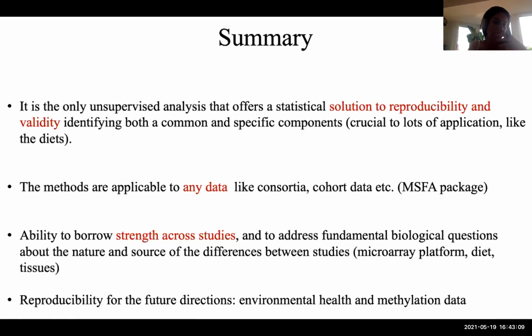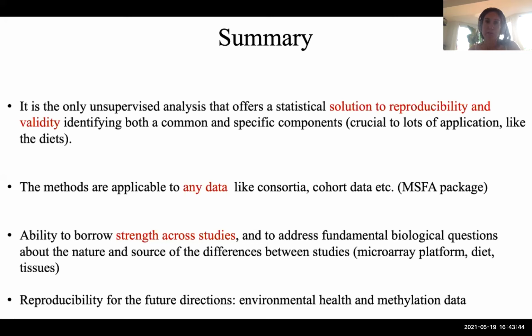This actually allows us to apply this method in many different applications and consortia. This is because there could be many different aims: to capture the common characteristic, to capture just the study-specific characteristic, or to capture both. I developed this package on GitHub that has the Bayesian version and also the first analysis that I presented, just the simple multi-study.